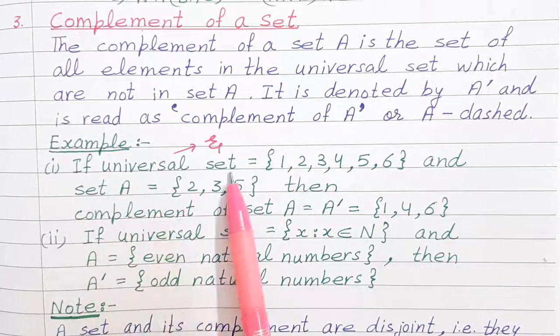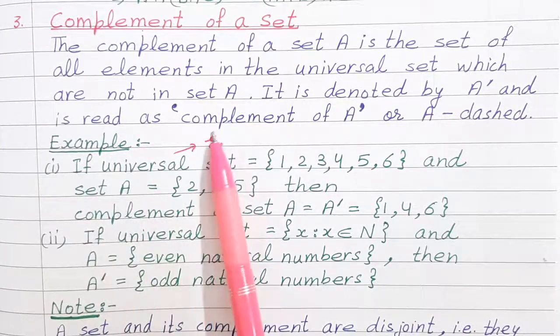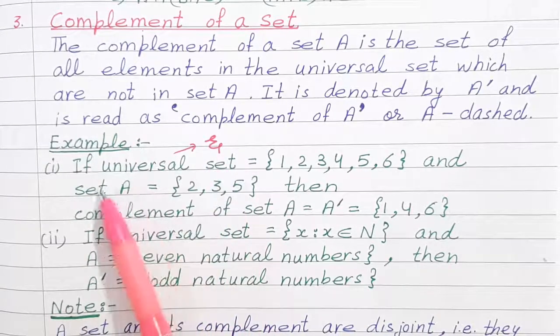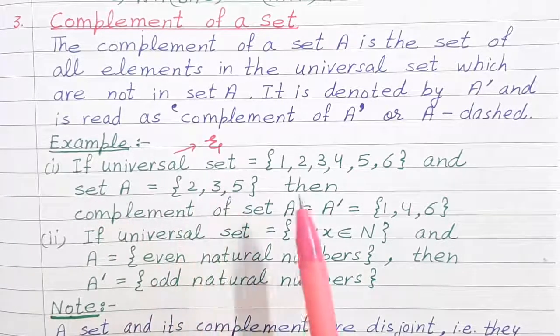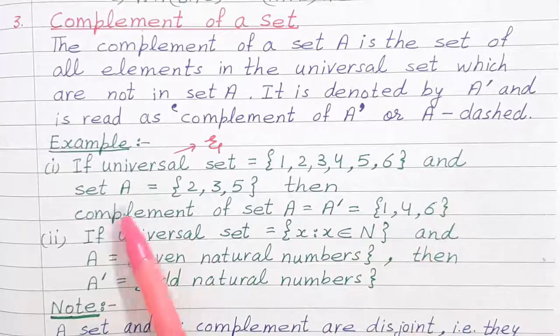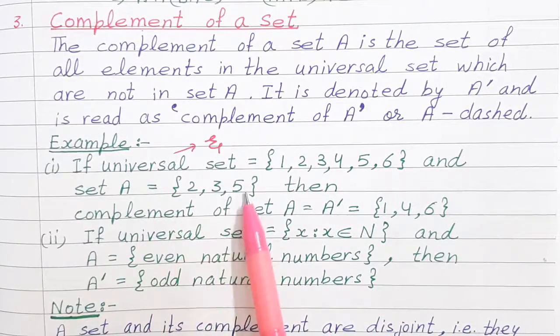Now let us discuss an example. Children, you must be knowing that the universal set is represented by the letter Xi, which is again a Greek letter, right? Where the universal set is {1, 2, 3, 4, 5, 6} and set A is {2, 3, 5}.